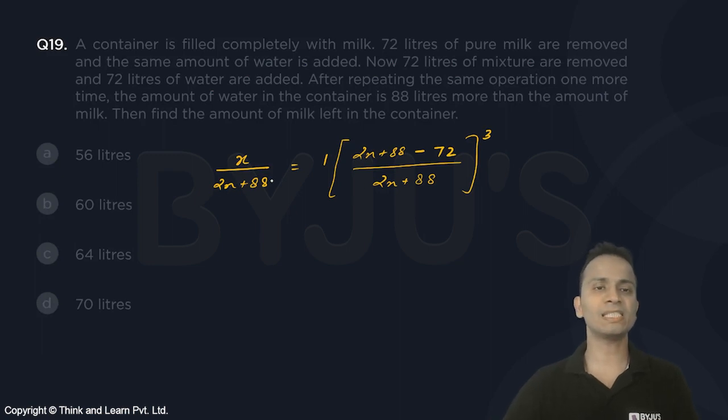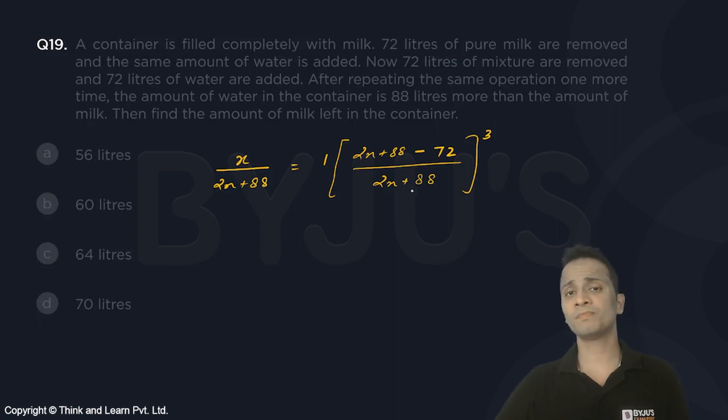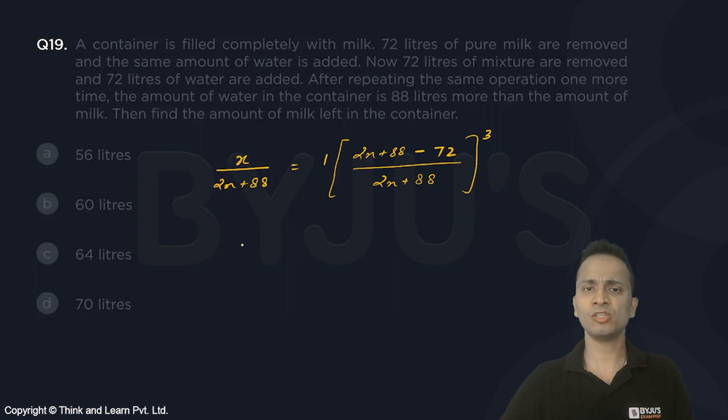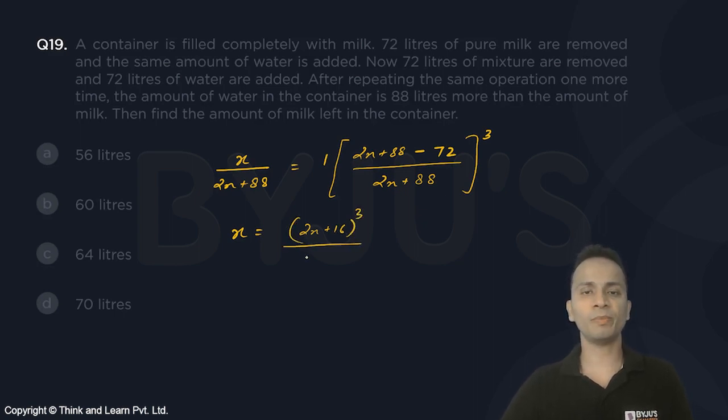We can cancel out 2x plus 88 from the left hand side denominator, and on the right hand side we have the cubic power, so the square power will be left. So just simplifying it a little bit, x is equal to, in the numerator on the right hand side, 2x plus 16, and this will be whole cube, and the denominator will be 2x plus 88 whole square.